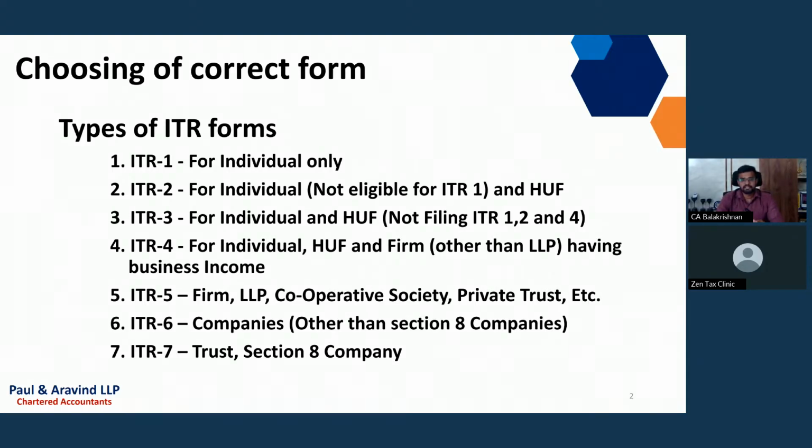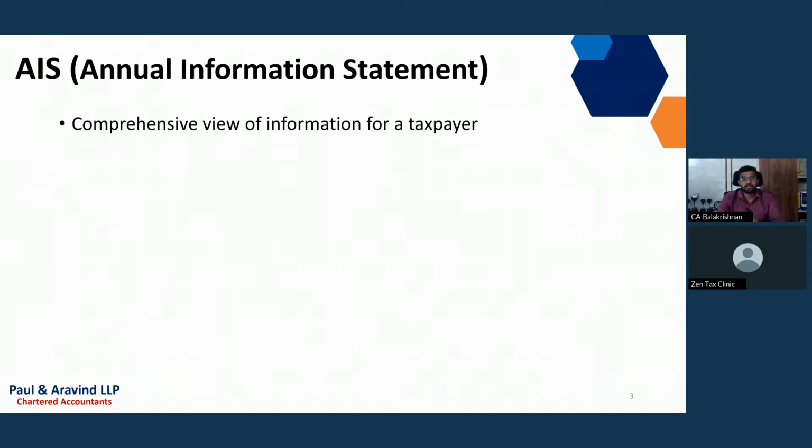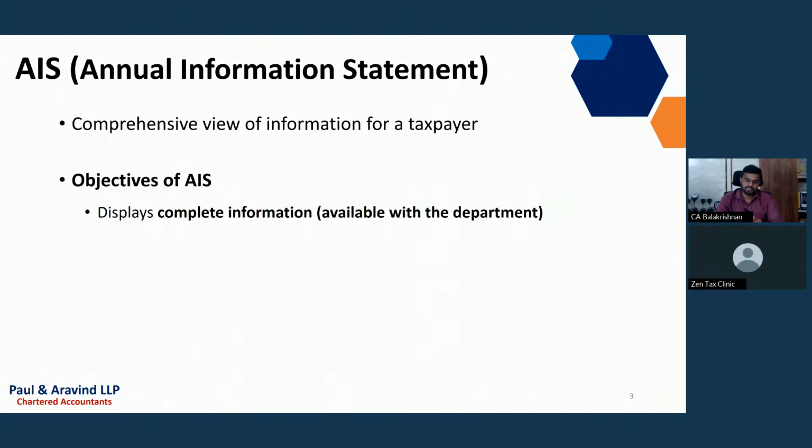Then we will see what the Annual Information Statement is. This is a statement available with the income tax department, and it provides comprehensive information about the taxpayer. One objective of AIS is complete information that is available with the income tax department.